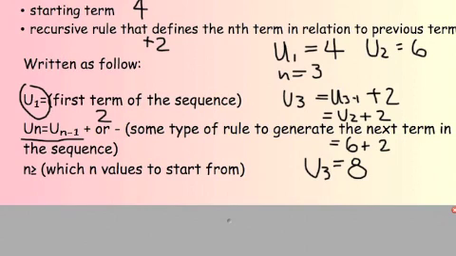Now, you'll notice something. n can never, ever be negative because the first term, in this particular case, is 1. So in this particular case, we have to use n is greater than or equal to 2, because we already defined U sub 1. We already said we have n equals 1.